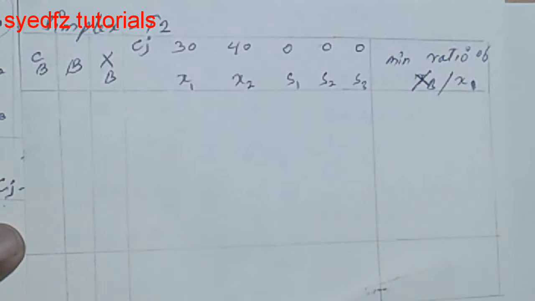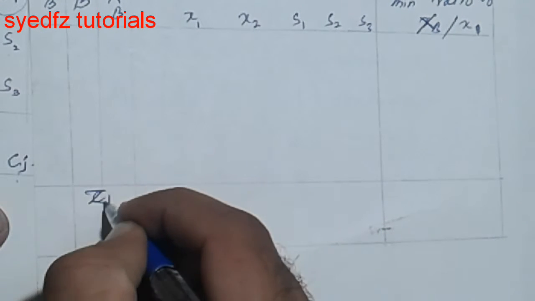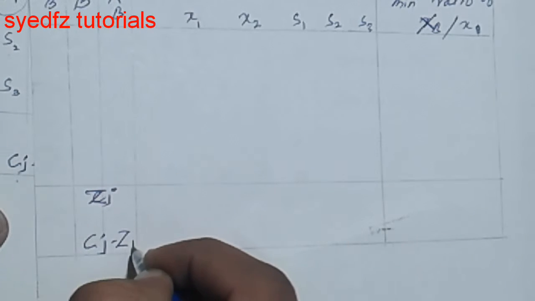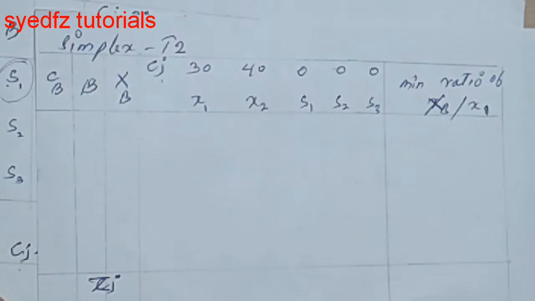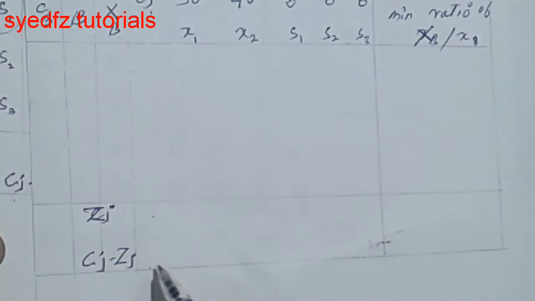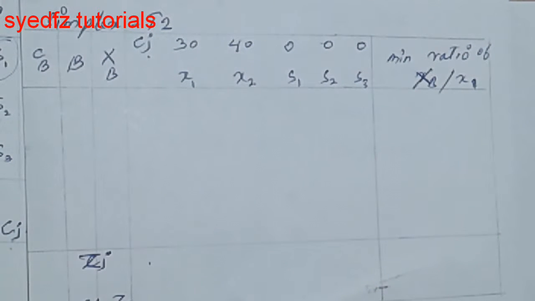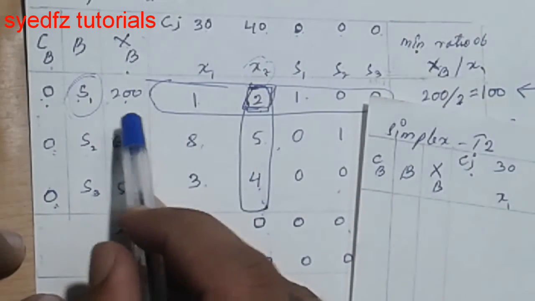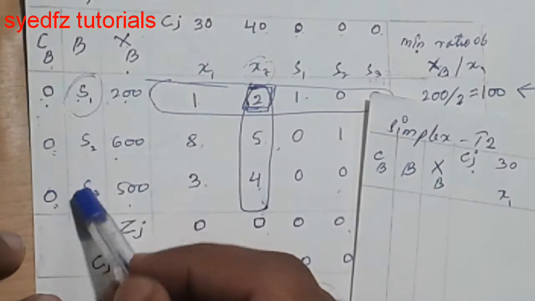Now we have to write Zj. Now Cj minus Zj. Where is the Cj? Cj is on the top, Zj is here. So we will get Cj minus Zj. Here S1 exits and the X2 row will enter.